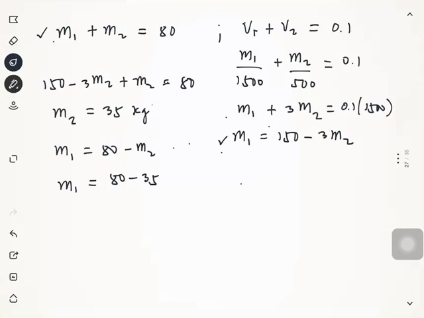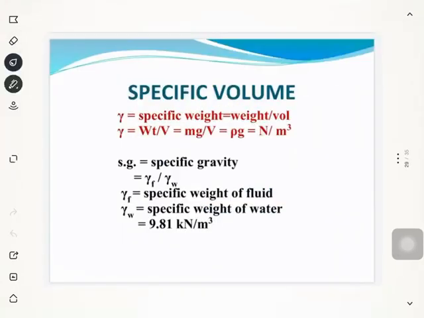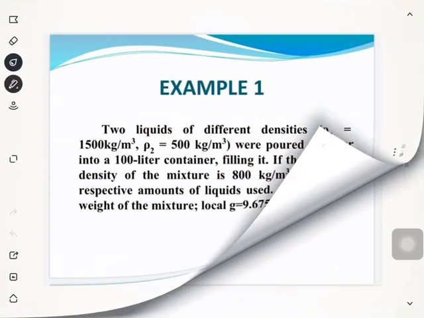So our mass m1 is 80 minus 35. m1 is 45 kilograms. Okay, you have the mass m1 and you have the mass m2.